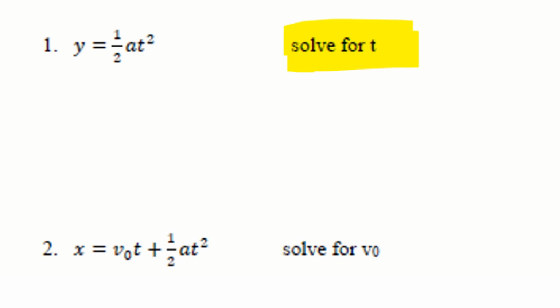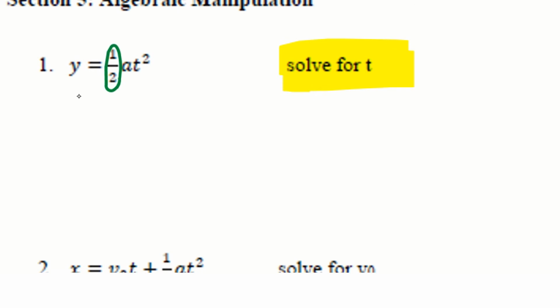We said that it's being multiplied by a, but you need to keep in mind that there is also this fraction next to it. You might not be able to visualize it as well because of the way that it's written out, but this equation can also be written out as at squared over 2. That means the same thing.